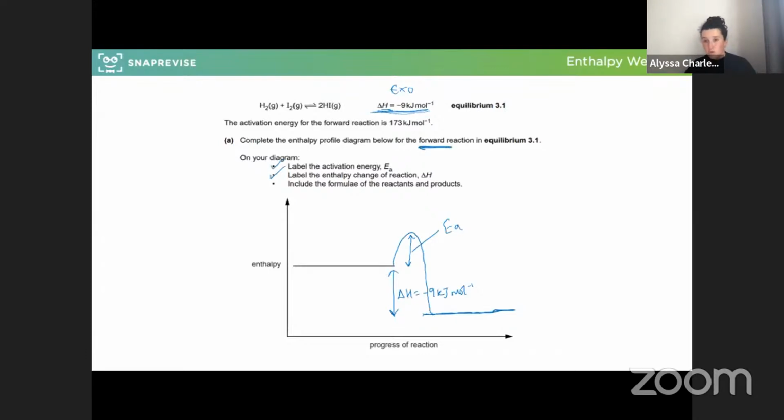They've asked us for the forwards reaction. They've specified that. So just got to be careful that they haven't specified the backwards reaction for some weird reason. Most of the time, it would be the forwards reaction.